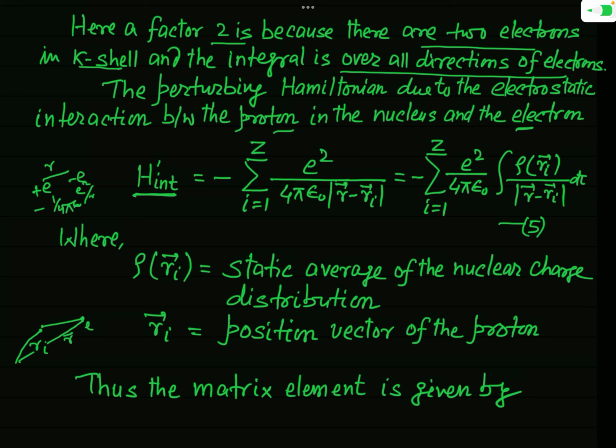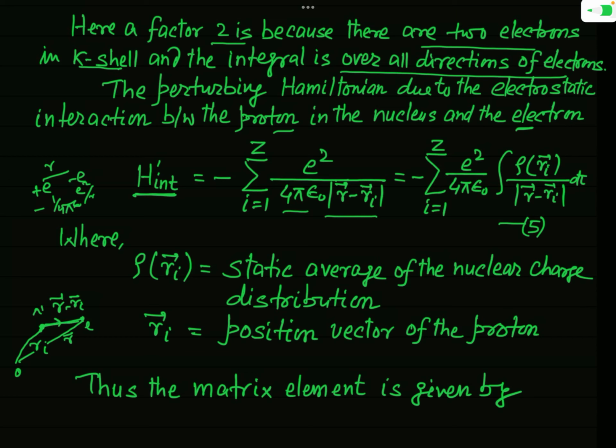Then the position vector of the electron with respect to the nucleus will be equal to r minus R_i. Here is the nucleus, here is the electron, and if you consider that there is only one proton, then the potential energy will be minus e squared over 4π ε naught times mod of r minus R_i. This is the separation between these two.